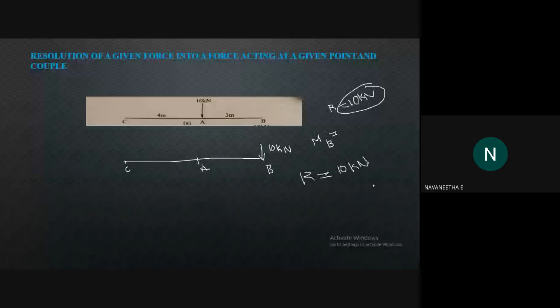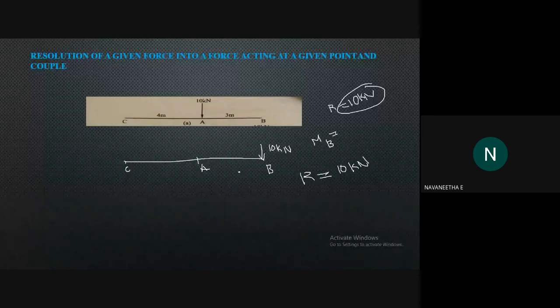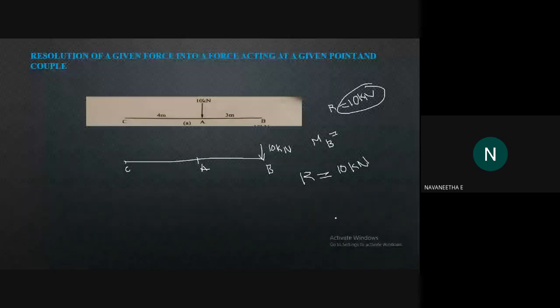So can we say that the two force systems are equal? No, it is not possible. The two force systems are not equal because we have to consider the moment also. The total resultant force is 10 kilonewton acting downward.